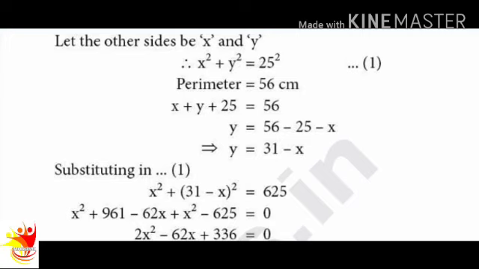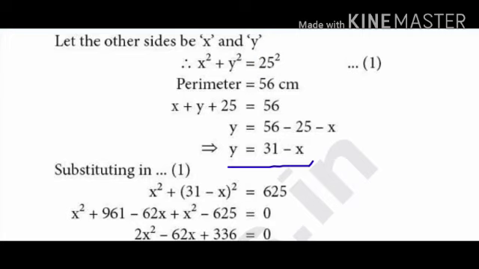That is equation number 1. Perimeter equal to 56 centimeter. Perimeter means sum of all sides. Therefore x plus y plus 25 equal to 56. y equal to 56 minus 25 minus x. Therefore y equal to 31 minus x.